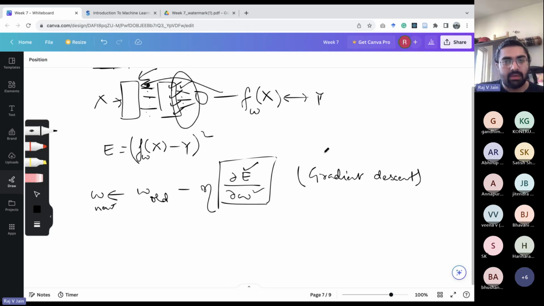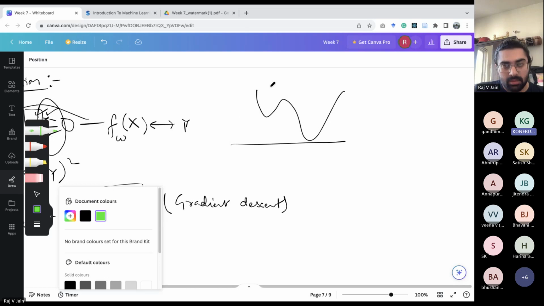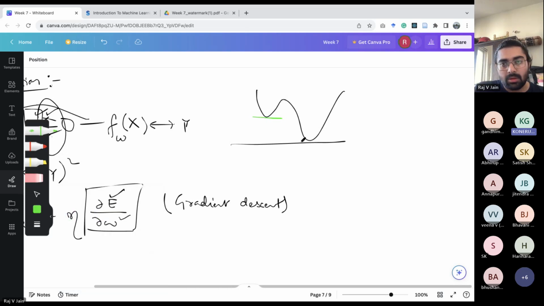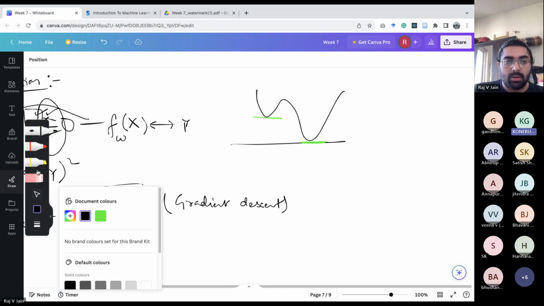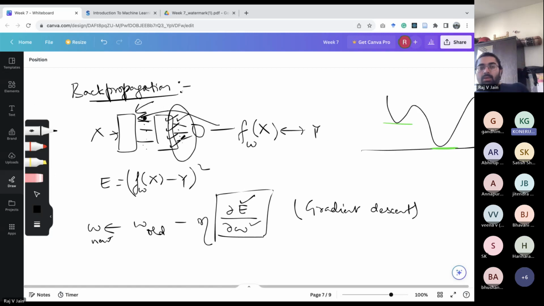Sir, just to understand, the word back propagation has a special significance for neural networks, just because neural networks have multiple layers. For example, there is an input X and the output is Fx after going through so many layers. So the real error measurement happens in the output layer.